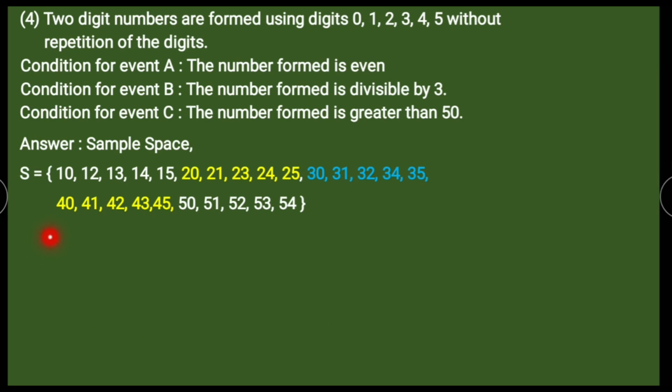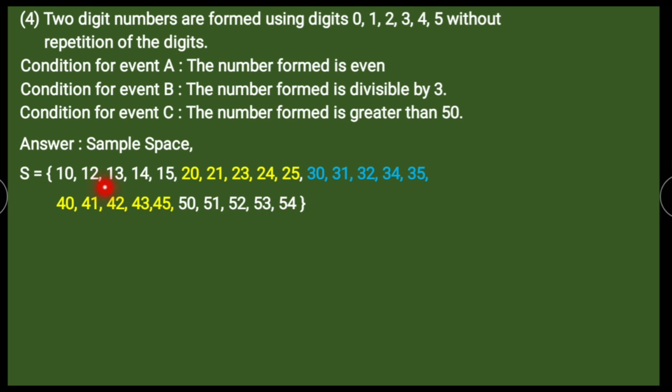So we write here in sample space S the two digit numbers 10, 12, 13, 14, 15, then 20, 21, 23, 24, 25, then 30, 31, 32, 34, 35, 40, 41, 42, 43, 45, 50, 51, 52, 53.